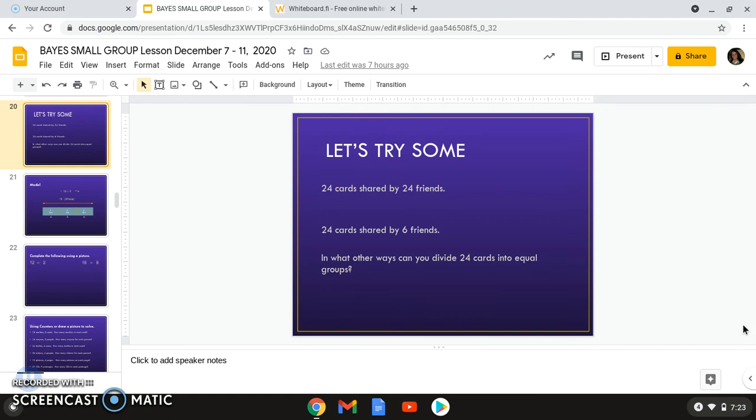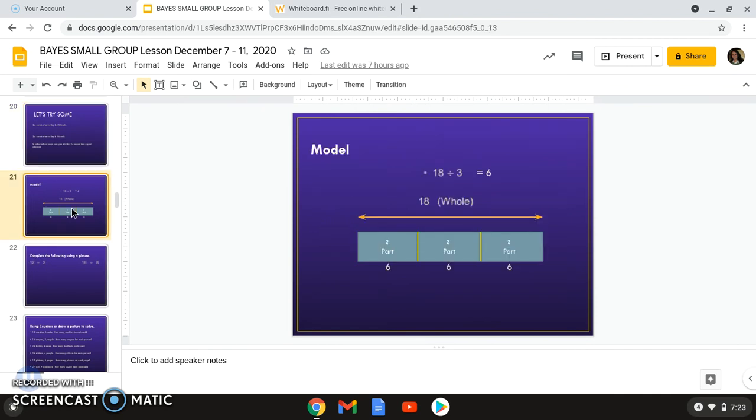I want to remind you that you can use a model that looks similar to this one. In this particular problem, we had 18 divided by 3. Remember that the bar going across, those arrows going either way, are telling me that that is the whole. Those are the whole number that we have to share in this case. So if we have 18 to share, I wanted to know how many 3 friends would get.